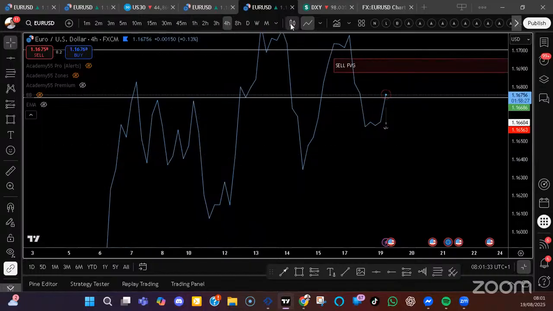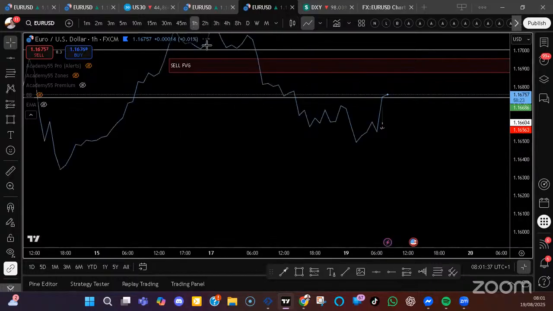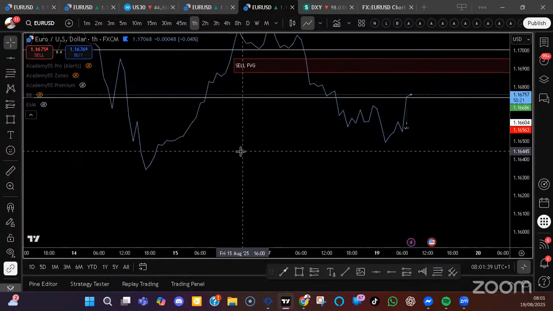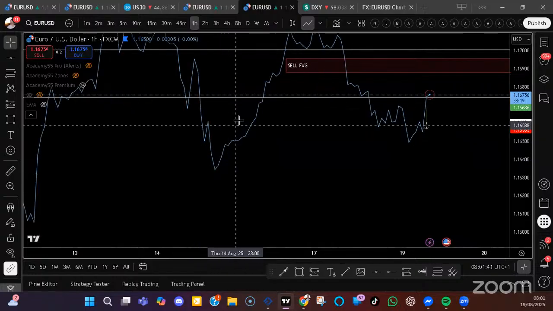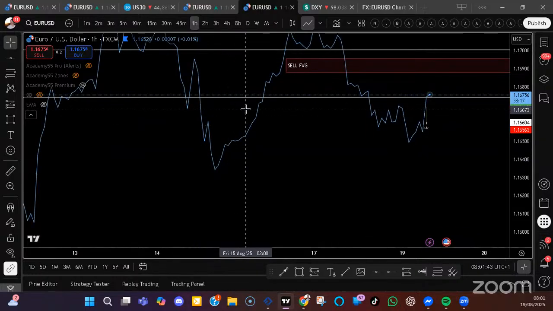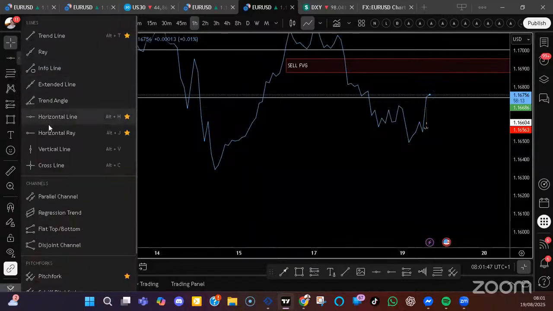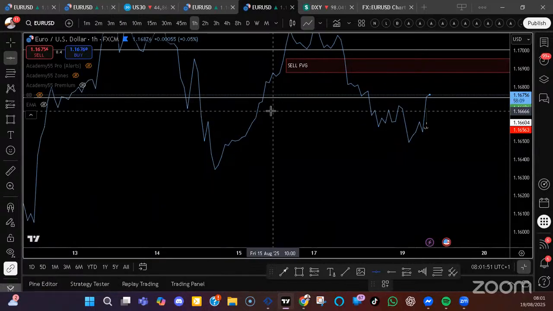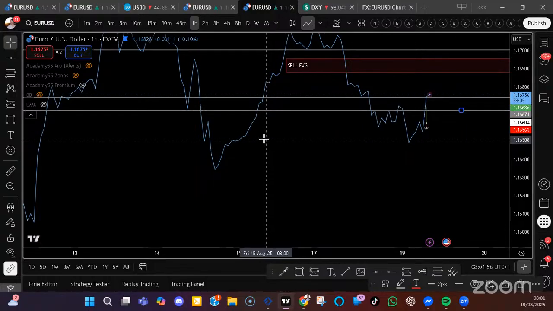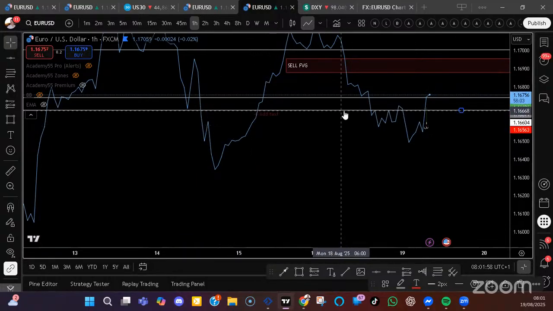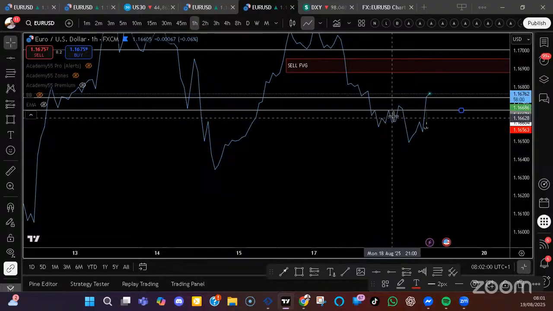So I'll put it back onto the, no, we'll go onto the hourly, see if we can see any more of these points worth noting. And we got a point here. These are areas to watch out for. So we have resistance there, resistance there.